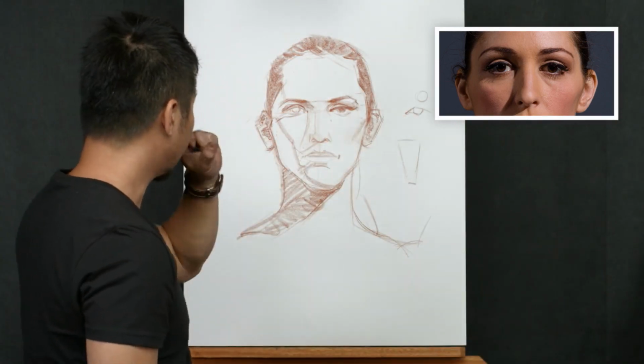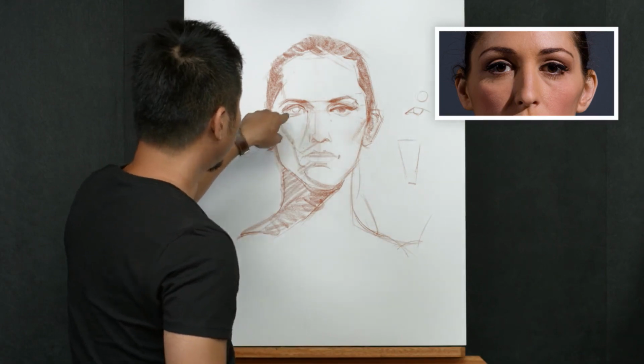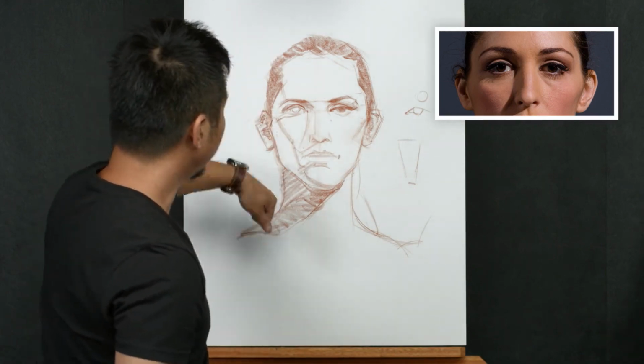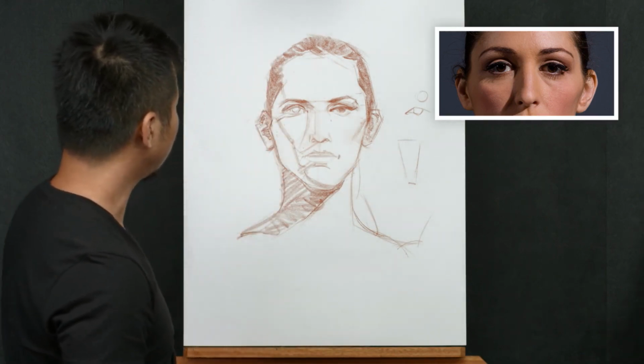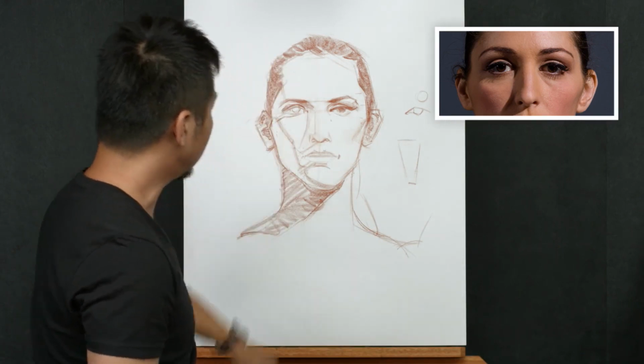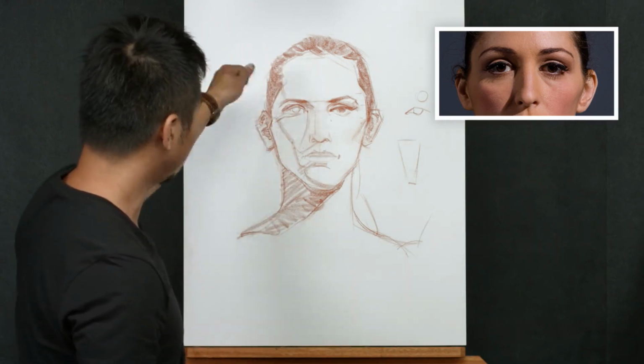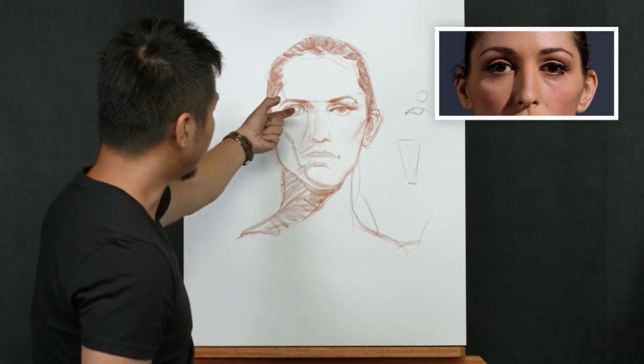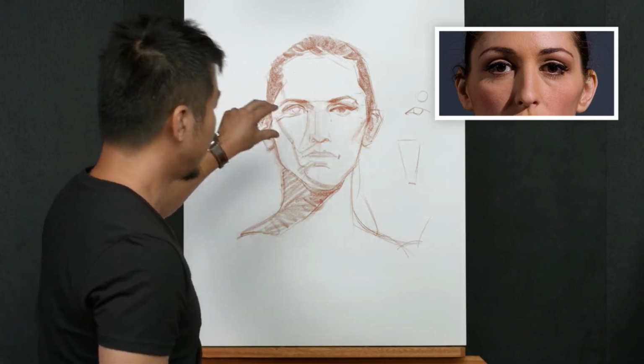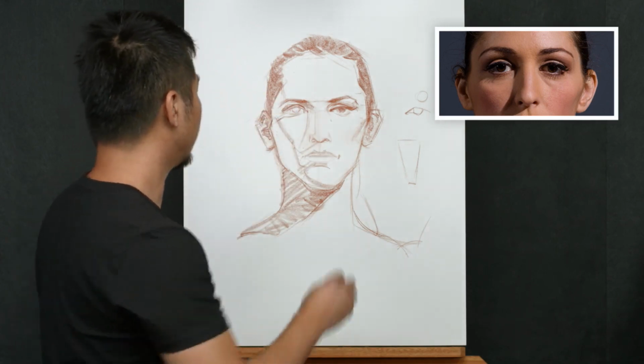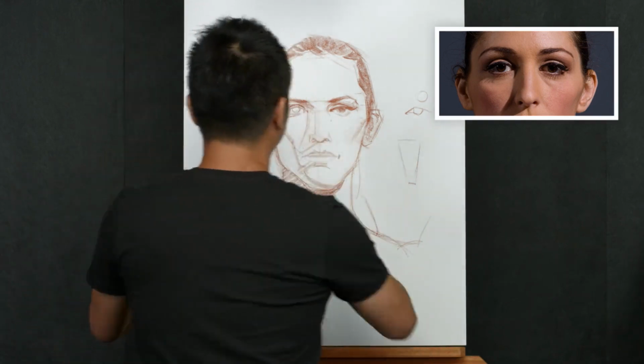So what I do is punch in some of the dark. Then when I paint the shadow flat, I still have the eyes sitting underneath the shadows, so I don't need to go back in and draw the eyes.